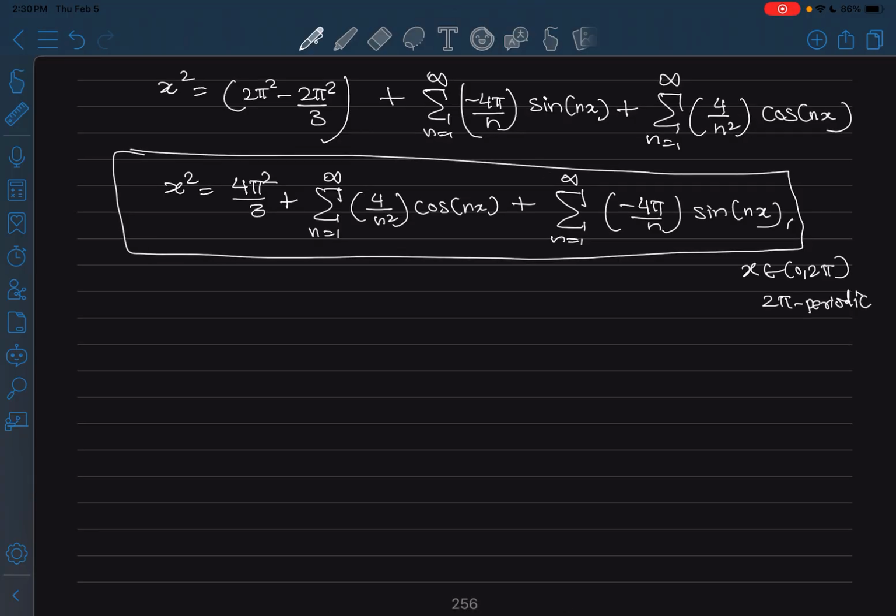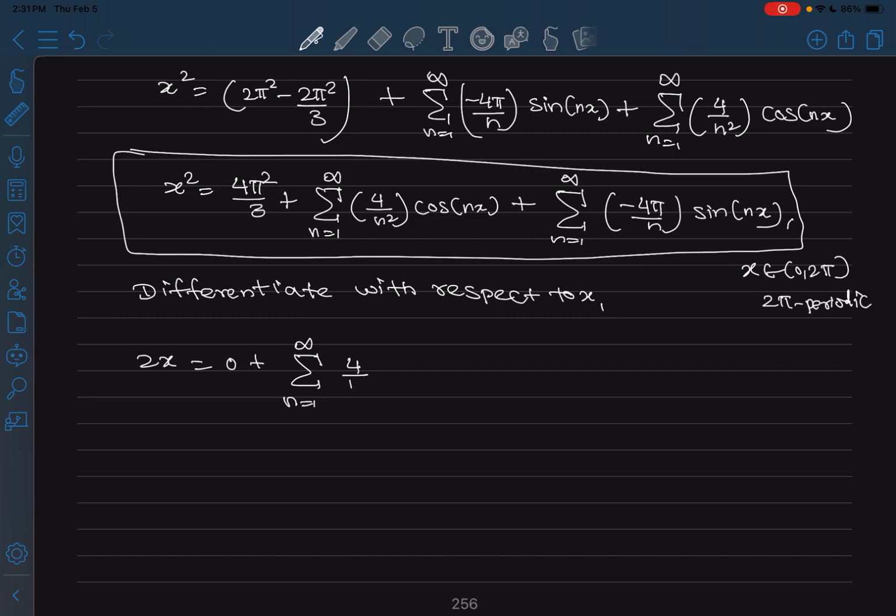Okay, so let's say we differentiate with respect to x. We get 2x equals 0 plus the sum from n equals 1 to infinity of 4 over n squared, and then minus sine nx times n, plus the sum from n equals 1 to infinity of 4 pi over n cosine of nx, where the n cancels out, and with the n squared, one of the n cancels out.